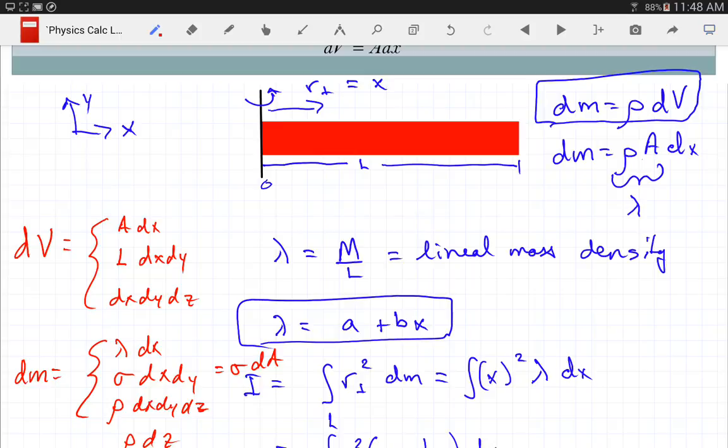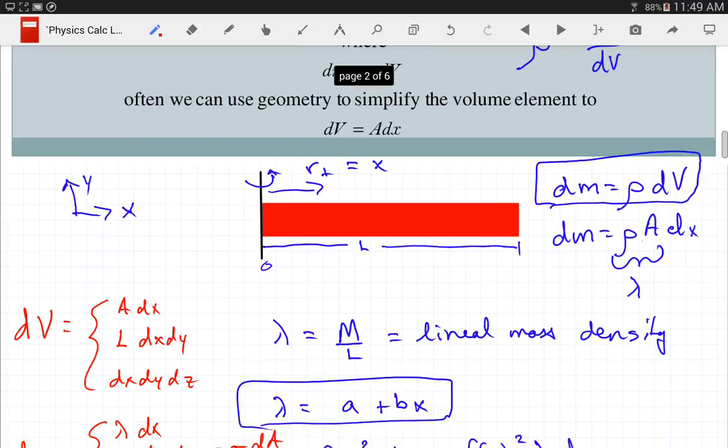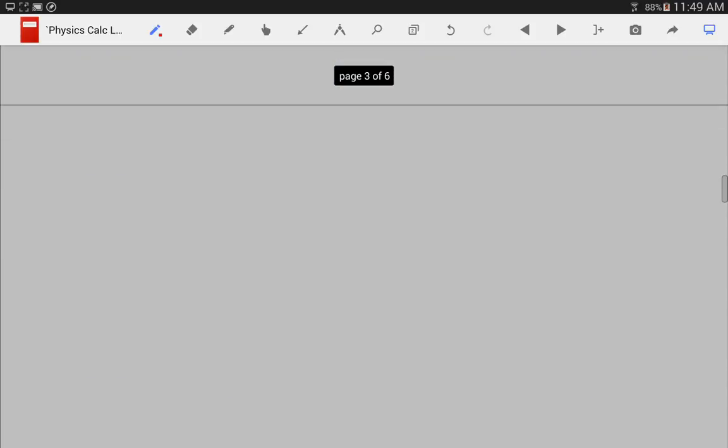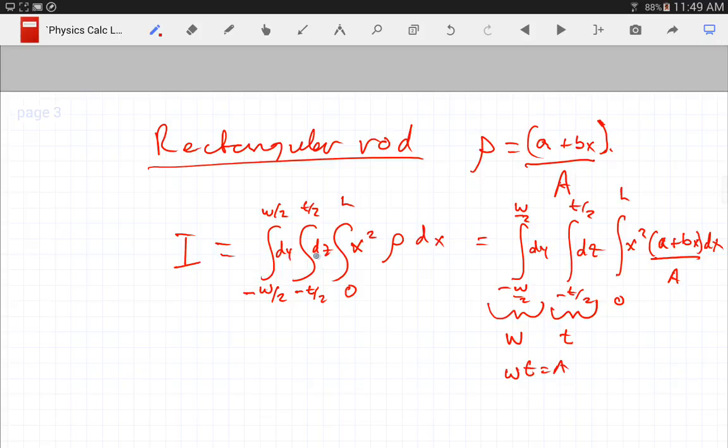Now, if somebody wants to get really picky with me, you can. As soon as I introduce my dimensions for y and z here, then quite technically, the distance from the axis I'm integrating about is going to be the square root of x squared plus y squared, or x squared plus z squared, depending on which one is the perpendicular one.